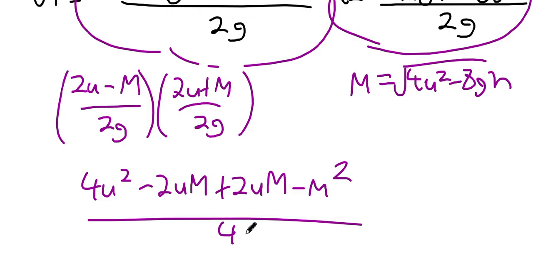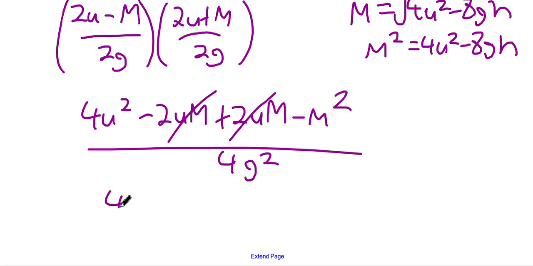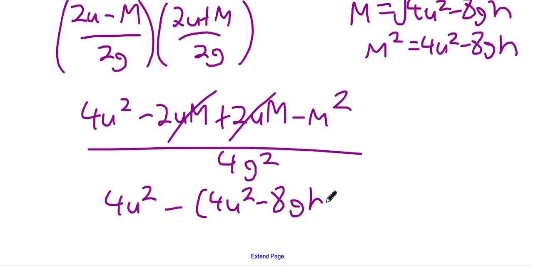There is the difference of two squares. Now, we all good? If m is this, what do you think m squared is? Get rid of the square root. 4u squared minus 8gh, yeah? Let's see what we get here. 4u squared minus m squared. Oh, look, guys, it's going to cancel. Cancel culture is rife.